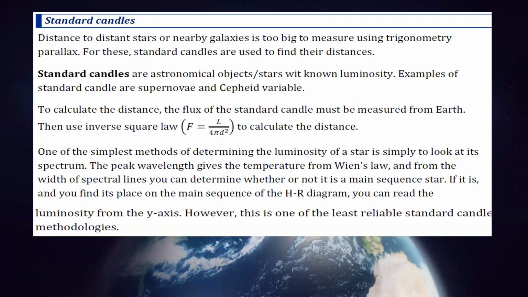So the definition of a standard candle is an astronomical object or star with a known luminosity. Examples of standard candles are supernovae or Cepheid variables, different types of stars. So Cepheid variables are considered to be standard candles.